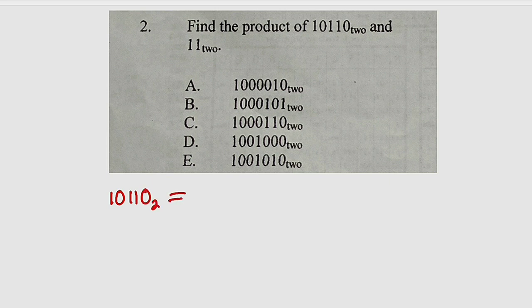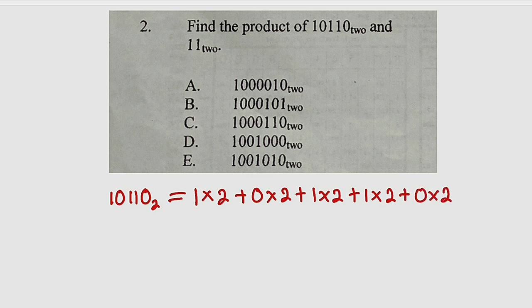To convert this number into base 10, I take the first digit, which is 1, multiply by the base, add, take the second digit, multiply by the base, the third one, multiply by the base, the fourth one, multiply by the base, and the last one, multiplied by the base, which is 2. Then you assign indices from 0, 1, 2, 3, 4, always starting with the last digit. Then let me group them like this.